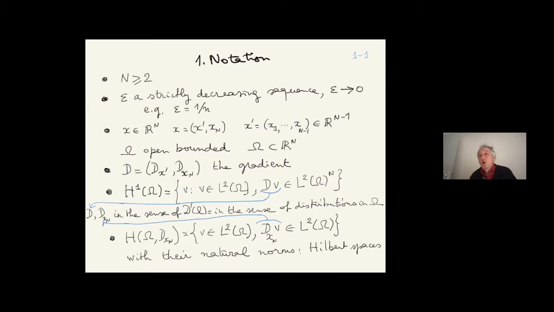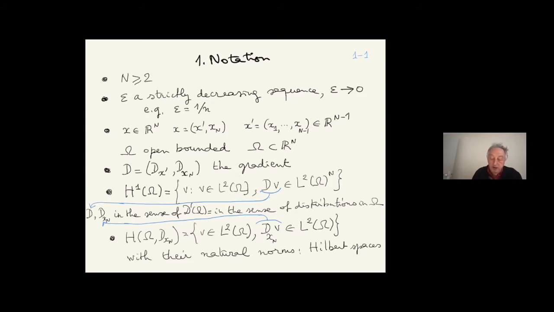Now I will use a space that everybody here should know, I hope. This space is H^1 of omega. But I would like to emphasize clearly the definition of H^1, because it will play a role in what follows.